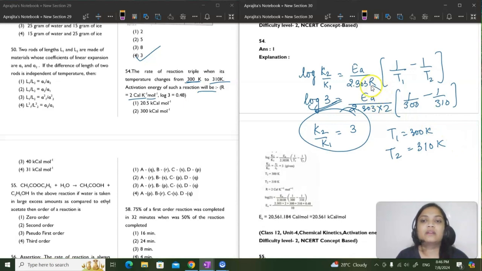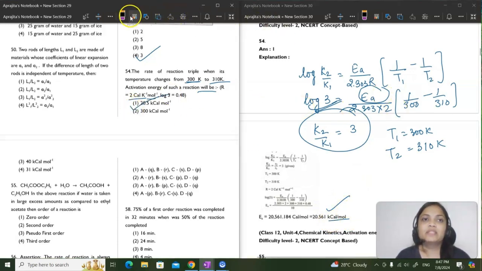Now you will do the calculation and find the value of EA, that is the activation energy. It is coming out to be 20.561 kilocalorie per mole. So the answer is option 1. Simple. If you know the formulas for this chapter, the rate constants, the rate equations, activation energy, you can simply solve the questions.